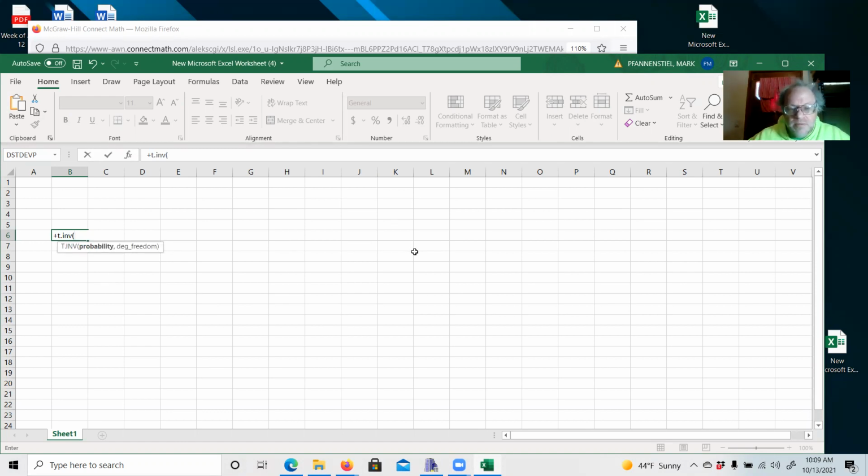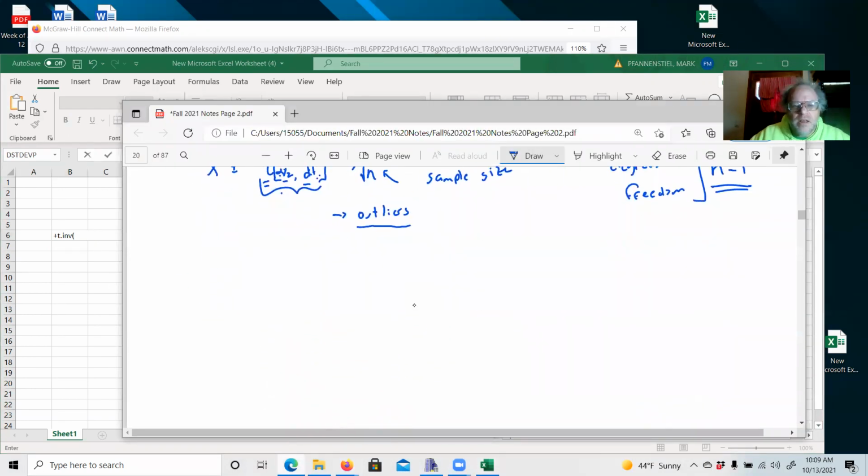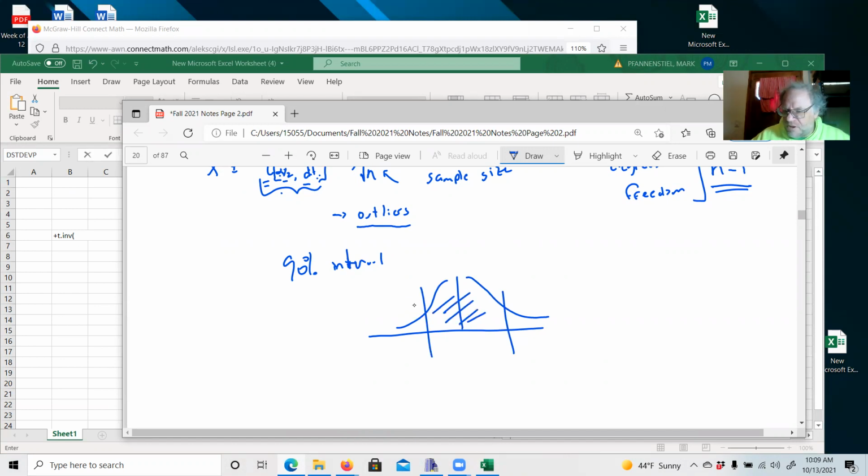Well, we want a 90% confidence interval. Here's my 90%. How much is left over? So 1 minus 0.90, that's going to be 0.1.